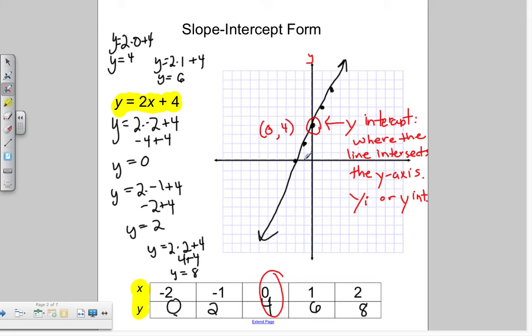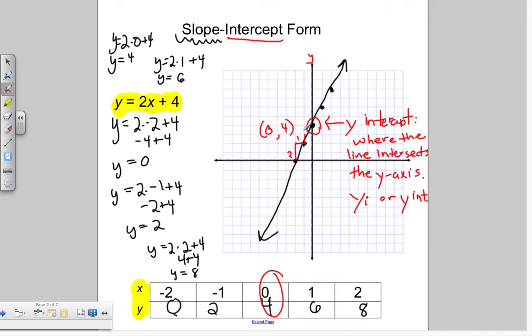Now, the other thing to notice, by the way, that's the word intercept, (0, 4). The other thing to consider is, what is my slope? Remember slope from the last unit where we did rise over run. So let's pick two of my points and look at the slope. If I do a rise over run, what is the rise? I'm rising up 2 and I'm running 1.